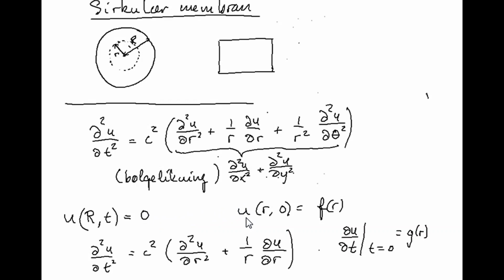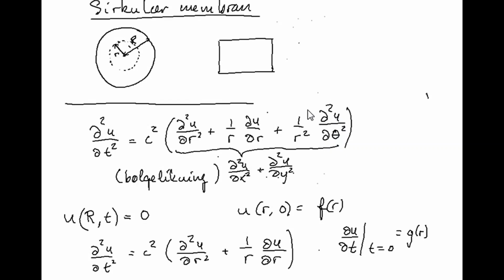Moreover, we will also assume that the displacement or deflection, if you want, is equal to some function which is only dependent on the radius r. And in this case, it's rather trivial to see that the solution will not depend on the angle value theta.